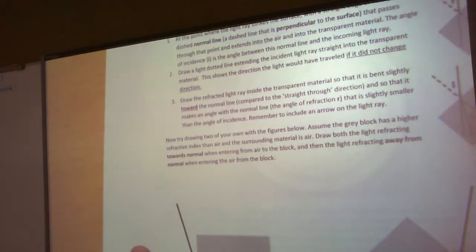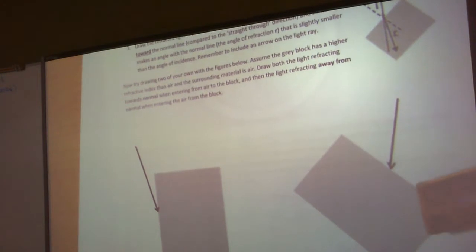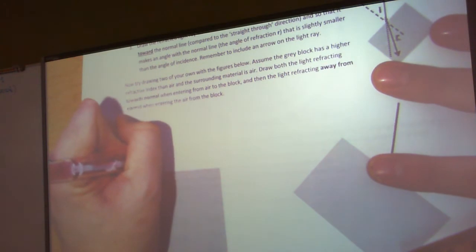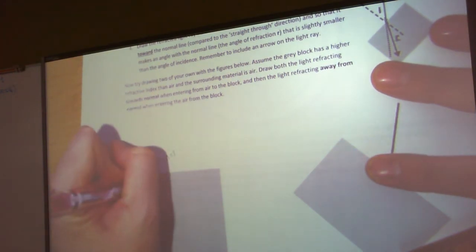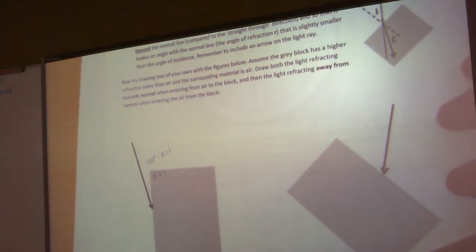All right, so this gives you a step-by-step procedure. I'm gonna go ahead and grab a ruler real quick so I can do this up here for the first one. And then you guys are gonna go ahead and do the second one. All right, so this light is coming in, and we're gonna assume this is air out here with n equal to 1, and this is n greater than 1 inside of the block.